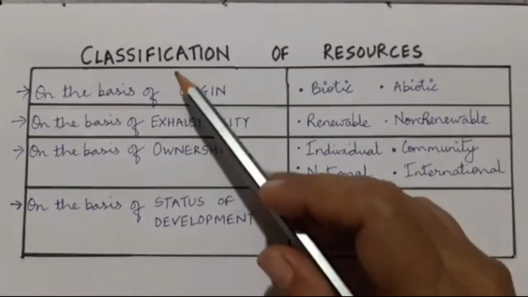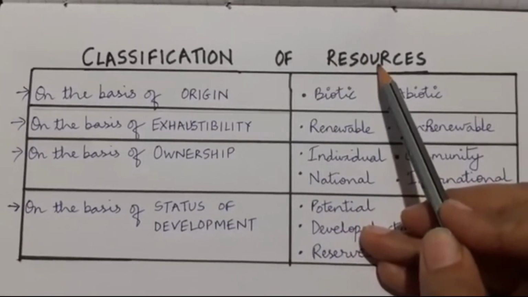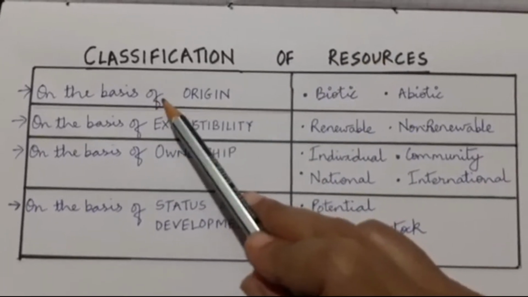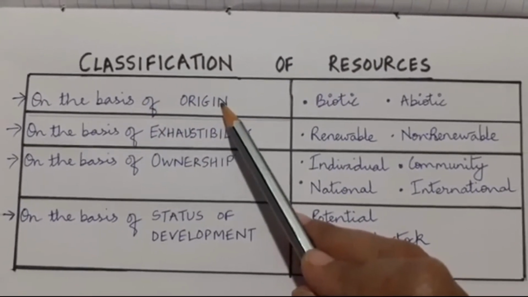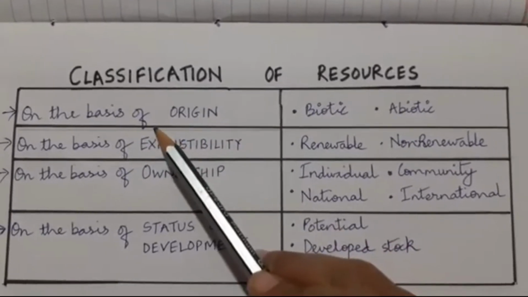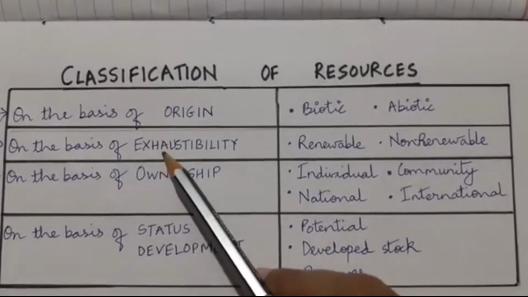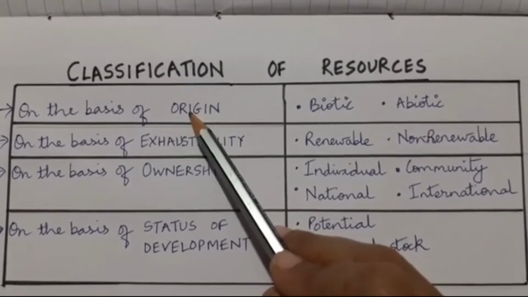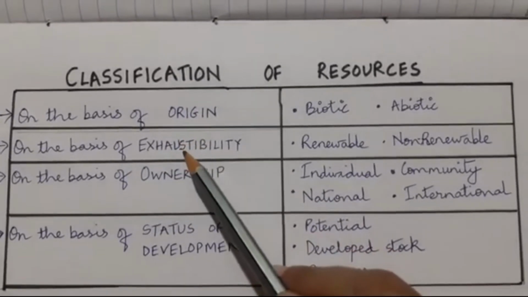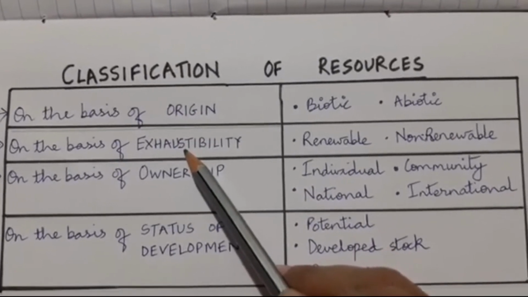Now let us discuss the classification of resources. Classification of resources is done on four bases. The first two are on the basis of origin and on the basis of exhaustibility.